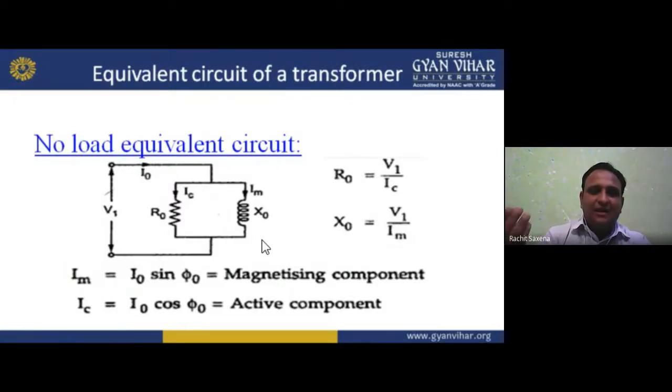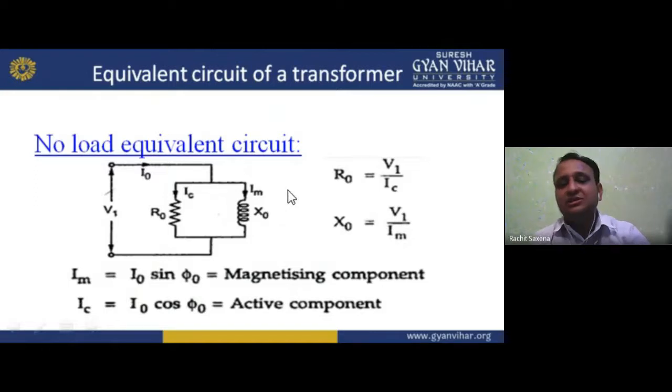The second part meets the resistance of the coil and produces the copper loss, that is IC. So I have two components of I0: one meets the inductance of the coil and induces flux, and one meets the resistance and produces a loss, the copper loss. So we have two components.